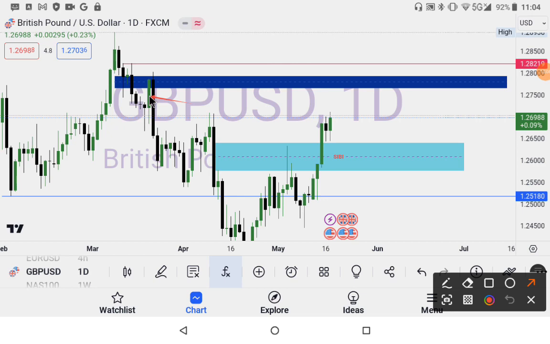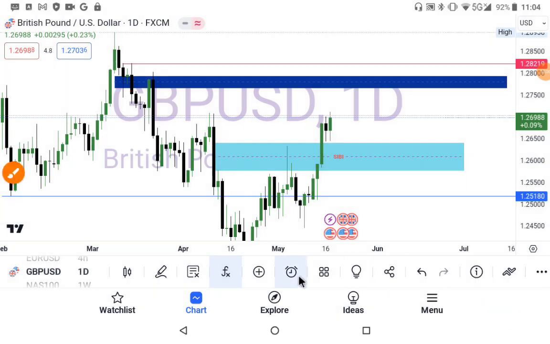So you see, I don't just pick levels. I have things that back what I pick. And the box was the little fair value gap around here. So we'll be watching that on GBP USD.